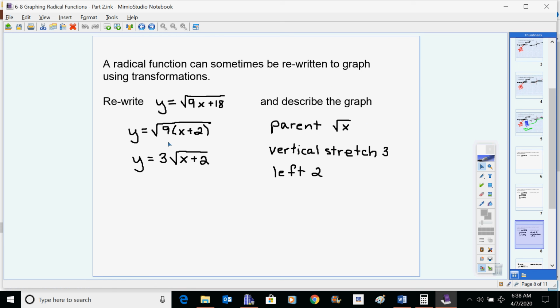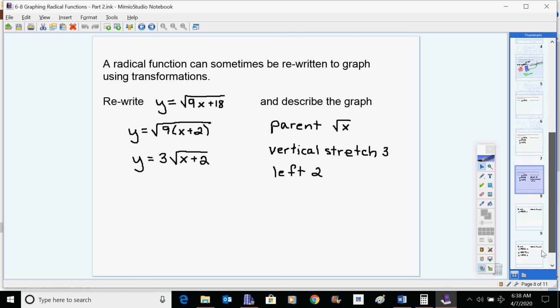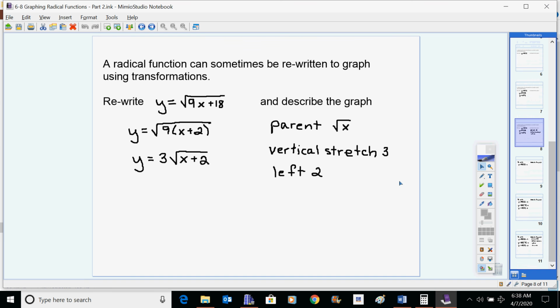So you identify the parent, what the graph comes from, and tell what the numbers are telling you. Stretch 3, left 2. And this should look very familiar to you because it's exactly the same as we started back with the absolute value functions. I think it was chapter 2. That was a long time ago.